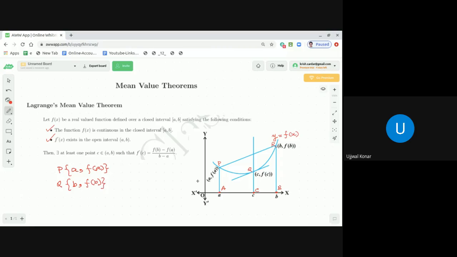Obviously, it is clear because this is the point A, and from the point capital A you are traversing a distance AP. AP is nothing but the value of the function at x equal to a, which is f(a).